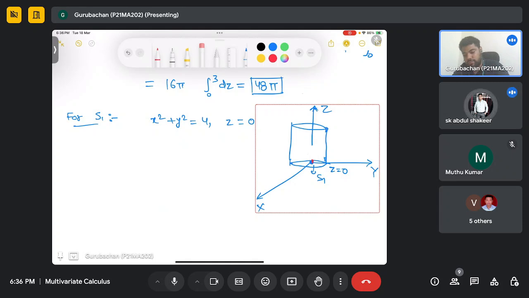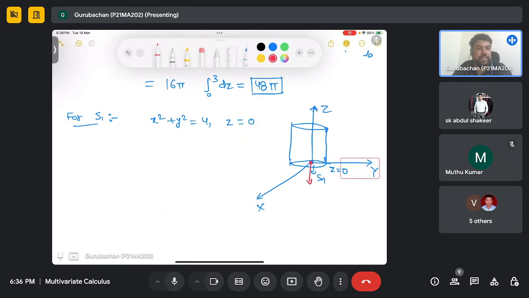We need our unit normal vector to be outward, so it will be in the direction opposite to k cap. That means our n cap is minus k cap.